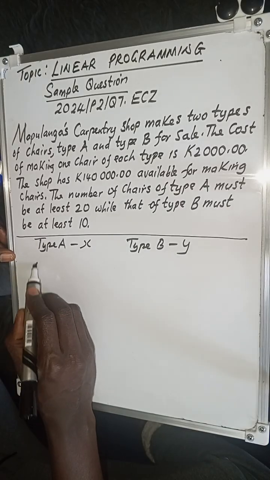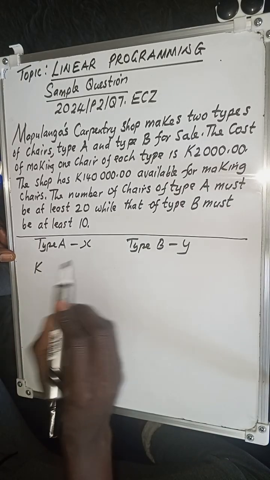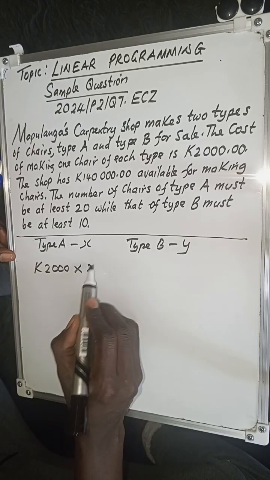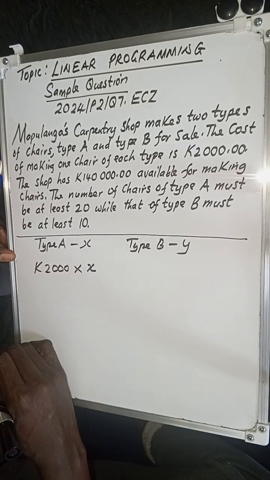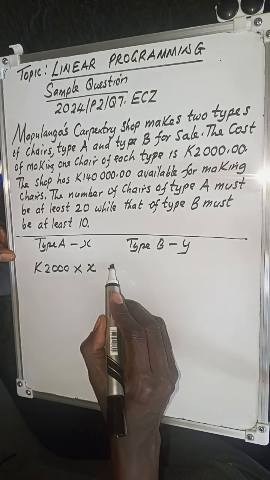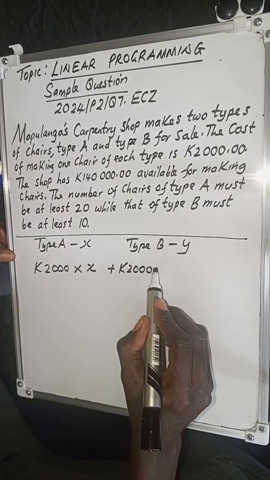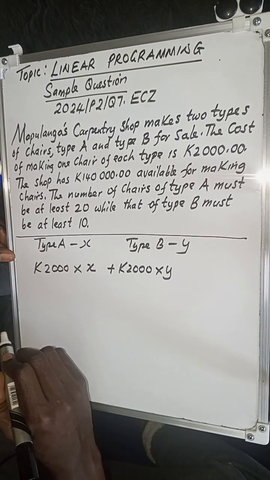So my first inequality: 2,000 multiplied by the number of type A chairs that were made, plus again 2,000, the cost of making type B, times the number of type B that were made.